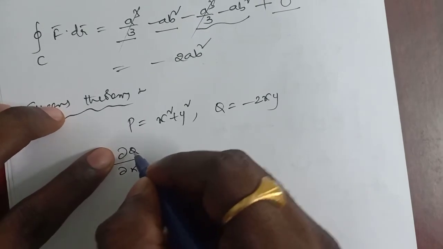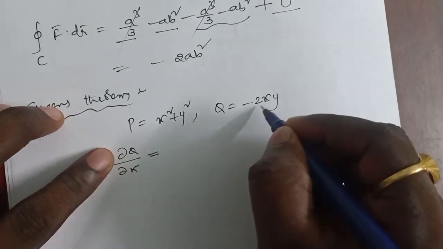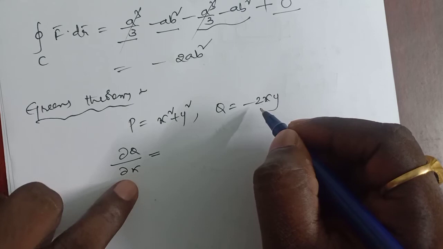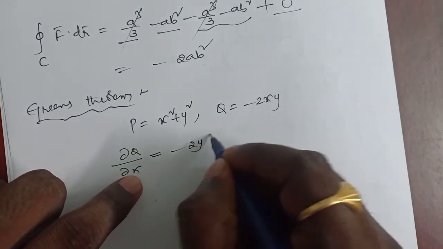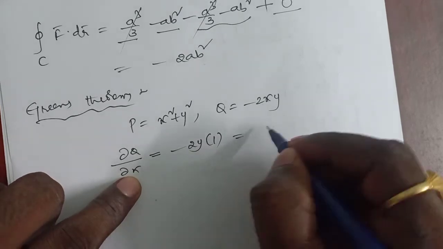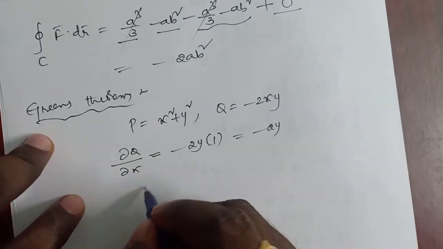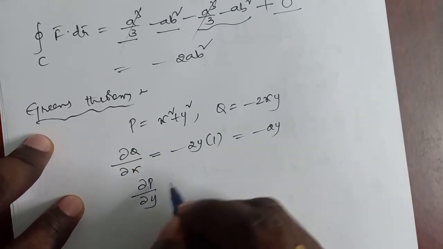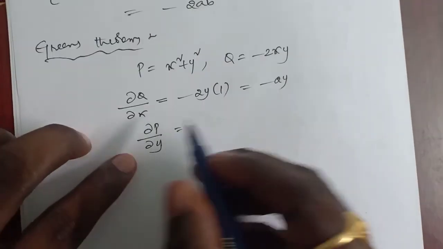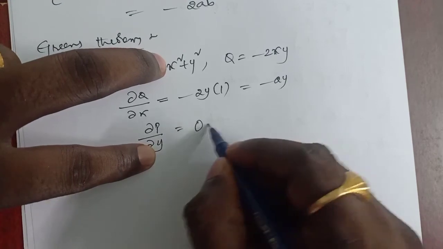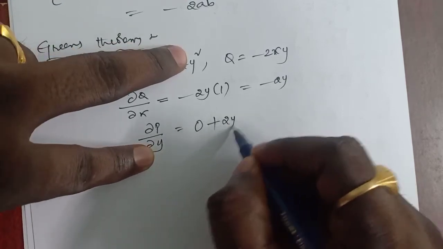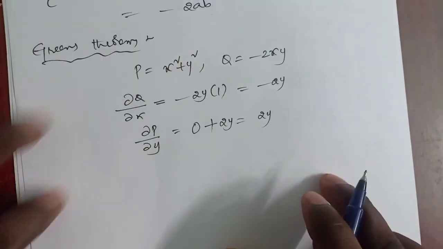Here dou Q by dou x: if we differentiate with respect to x, treat y as a constant, so minus 2y into, for x it is 1, so minus 2y. And then dou P by dou y: treat x as a constant, so the derivative of x square is 0, plus for y square it is 2y, so it is 2y.